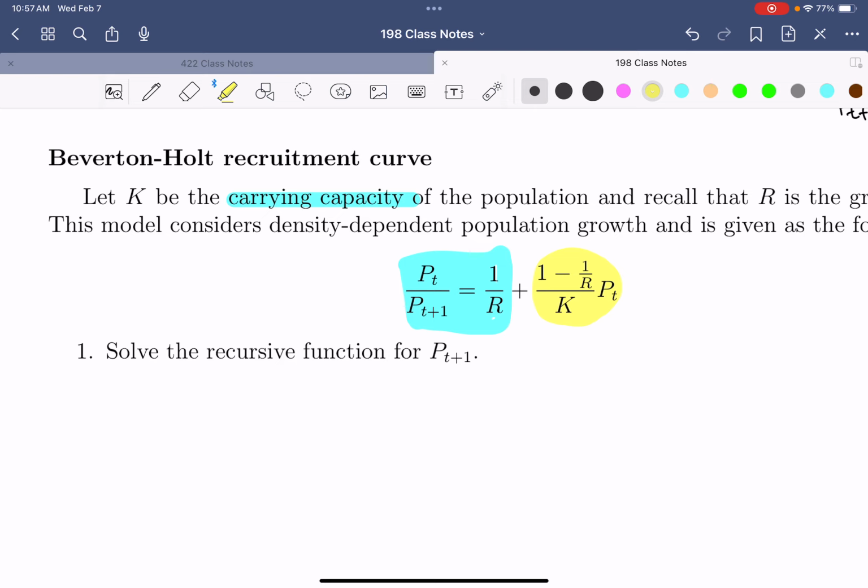That tells you the ideal number of organisms that the climate area, that environment, is going to support for the given population. And it's also in terms of P. So now we have something that is density dependent. That growth rate, the parent to offspring ratio, is now dependent on what our current parent population is, which should make sense, okay?